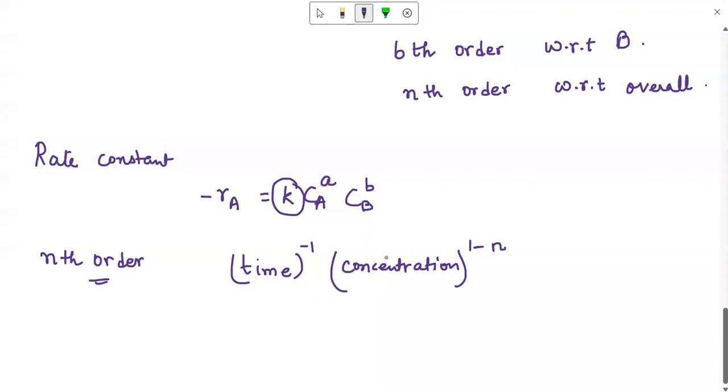So the rate is always calculated with respect to time, obviously the progress of the reaction, but depending on the concentration term and the order of the reaction, the rate constant for different reactions will have different units. If you have a first order reaction, then simply it becomes time inverse. So for higher order reactions, you can calculate accordingly.